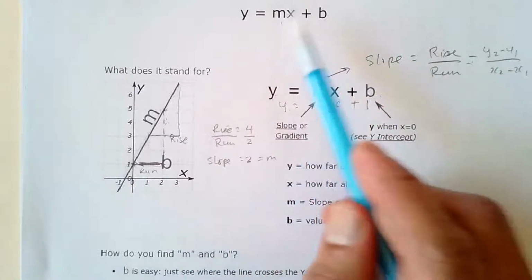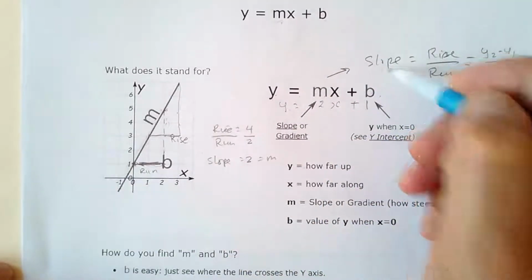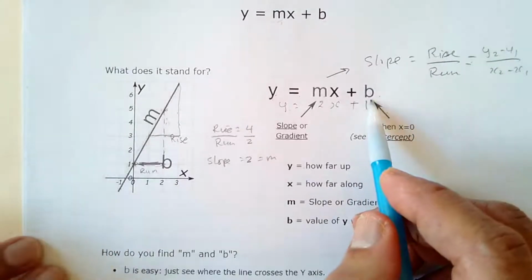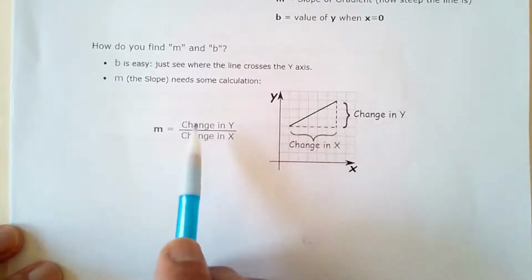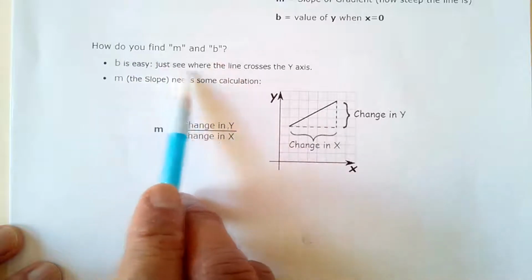So repeat this now. Your m then is your slope, and your y-intercept is the b. And here, where we have what? Change of y with change of x, we find the slope. How do we find m and b?